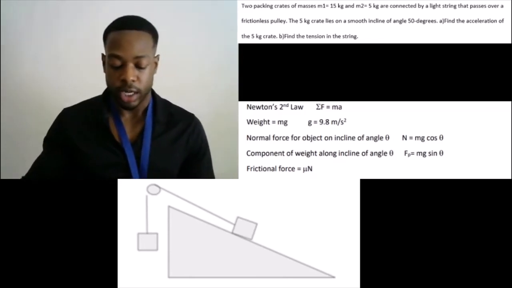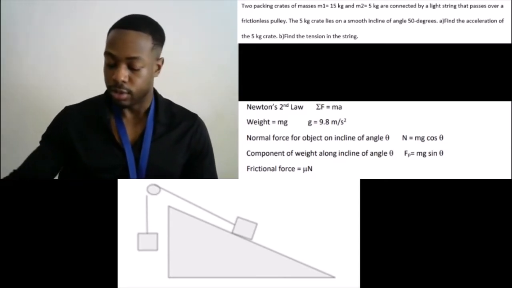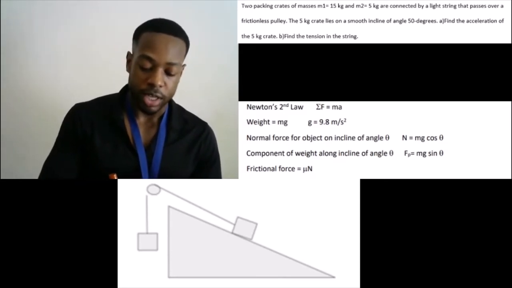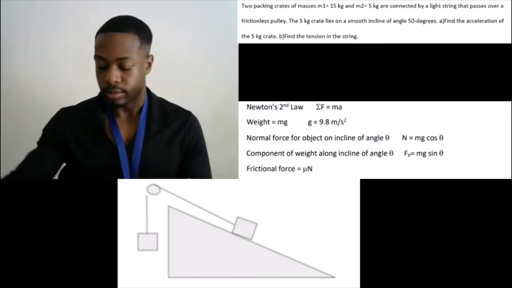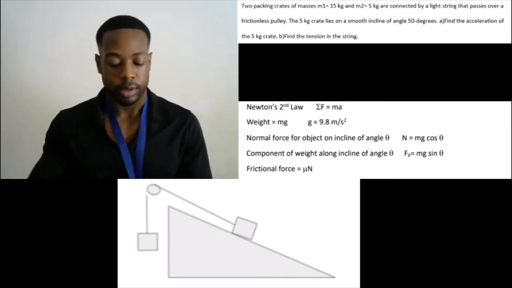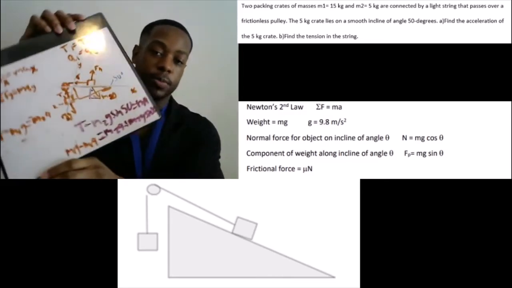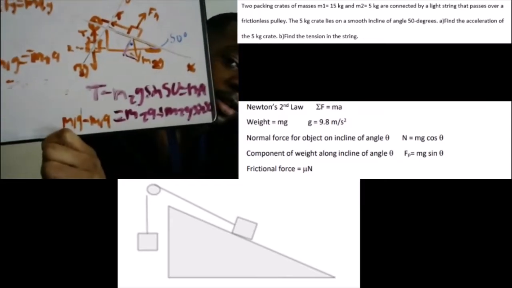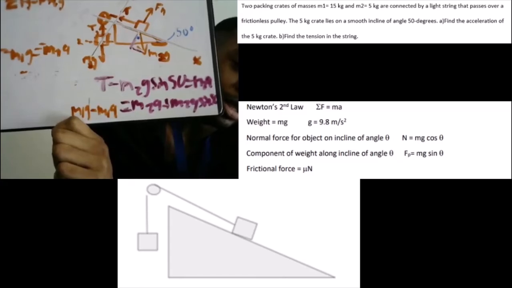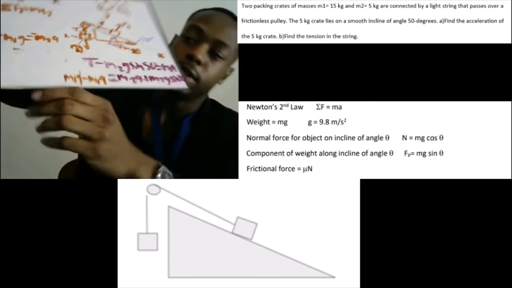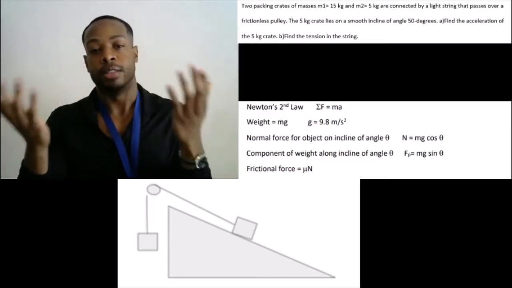So mass 1 g minus mass 1 a equals mass 2 a plus mass 2 g sine 50. I just moved that tension equation to equal this tension equation. So I'm not sure how clear that was, but the idea is you're going to set your tensions equal to each other and solve for acceleration.